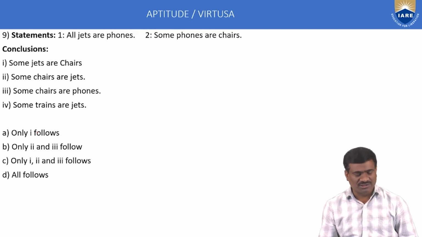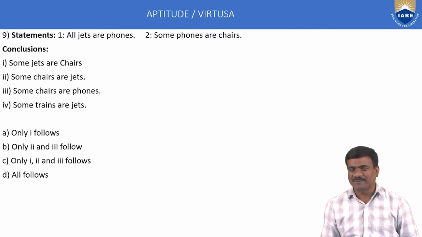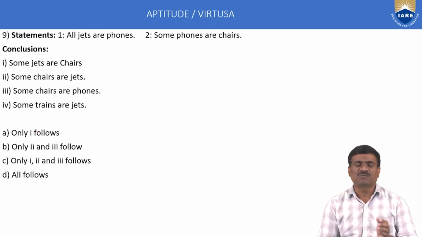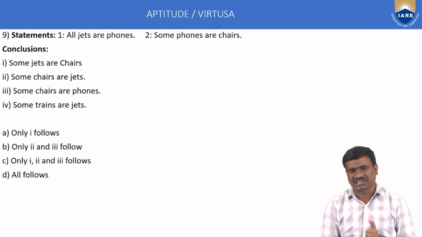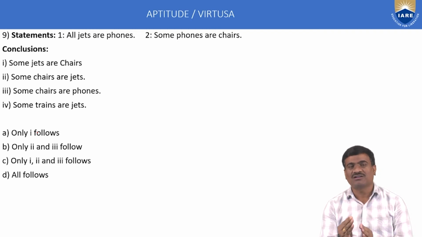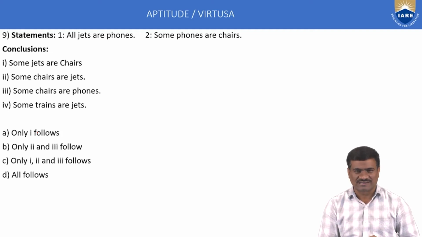Next, ninth example: logical deduction topic. Subtopics in logical reasoning: number 1, logical deductions; number 2, logical connectives. This belongs to logical deductions, statements and conclusions.